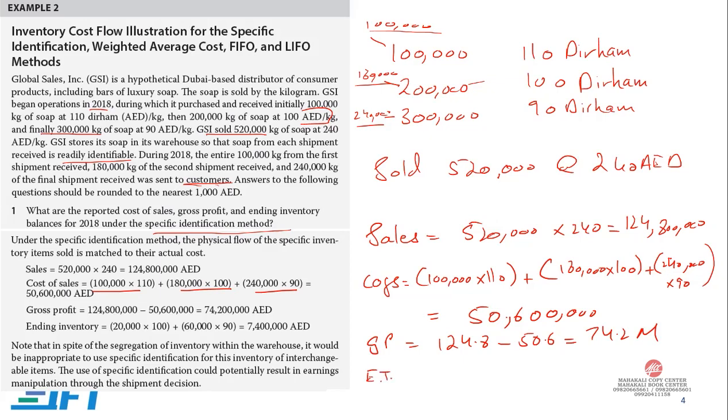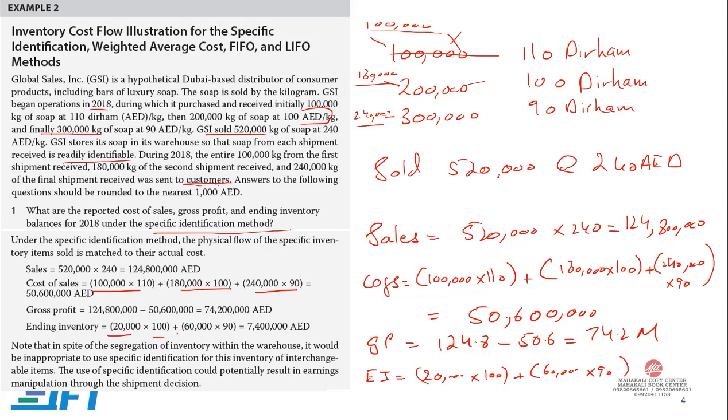Your ending inventory would be: out of the first 100,000, the total has been sold, so nothing of that is left. Out of the second batch, 20,000 is left, multiplied by 100. From the third batch, 60,000 is left.